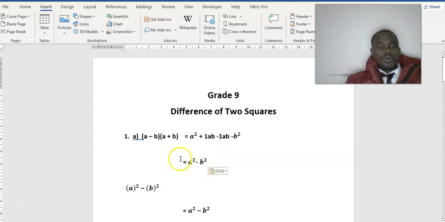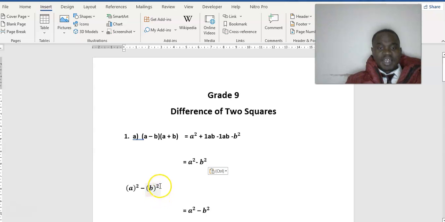Now, this is what we call difference of two squares. If you factorize this, you are going to get this. So we call this difference of what? Two squares. So anytime I have (a minus b)(a plus b), you don't have to go through all this long step. You write a squared minus b squared.